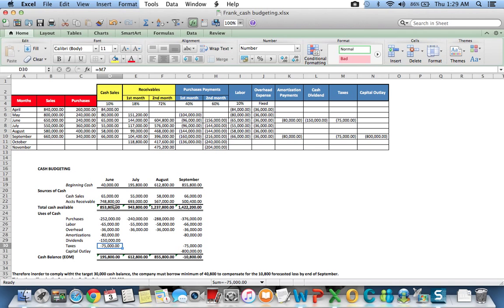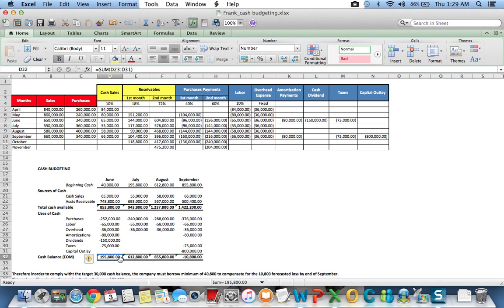To have an ending balance for the month of June, total cash available minus the total use of cash is equal to the ending cash balance, which is 195,800 for the month of June.